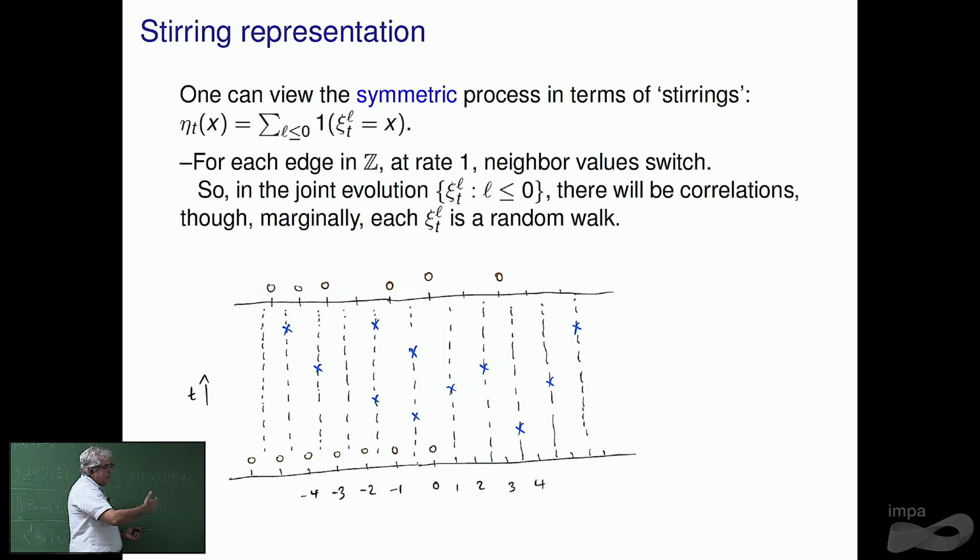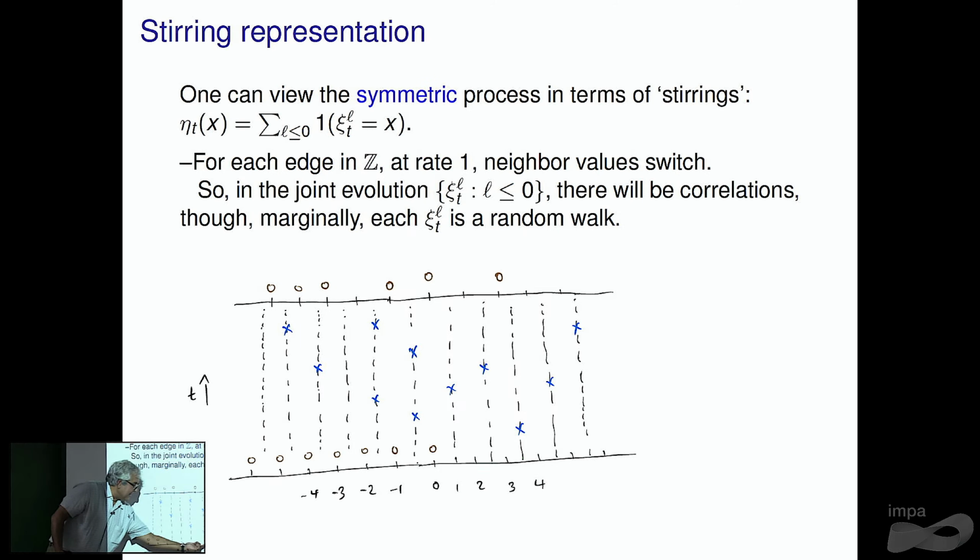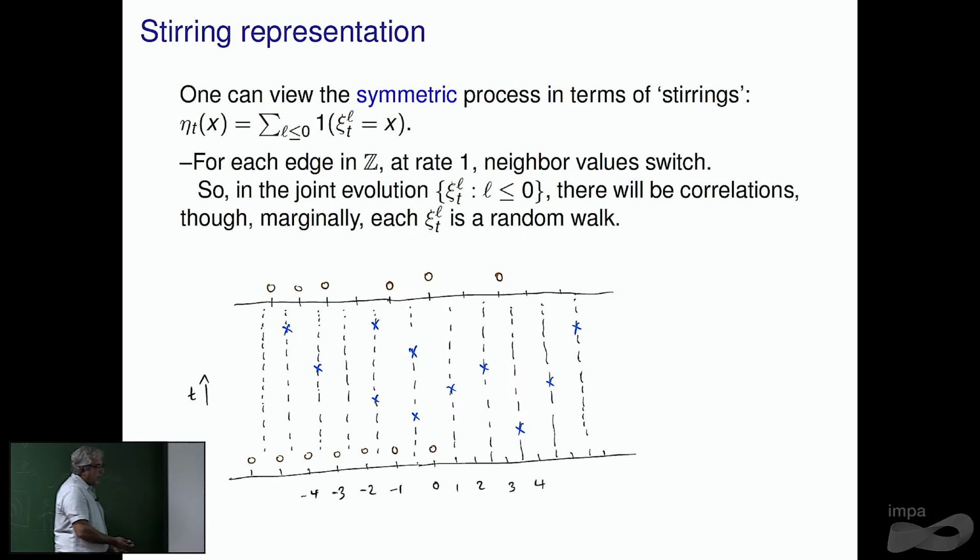and if both locations are occupied in the evolution that we described, there's no movement, but there's also no movement here. So this is another way to understand the process. At this time, if I've done it correctly, this is what you get.